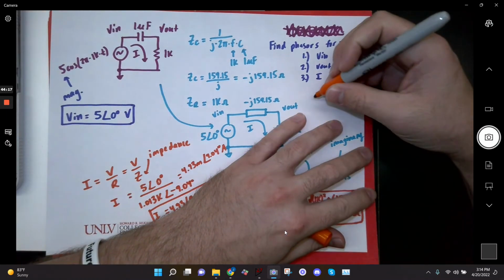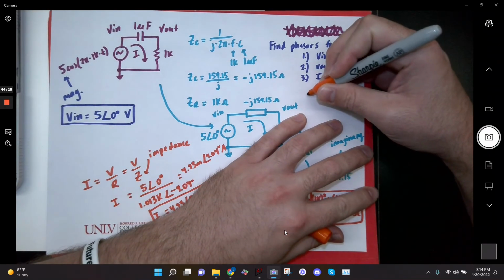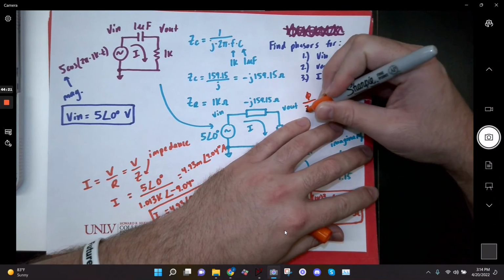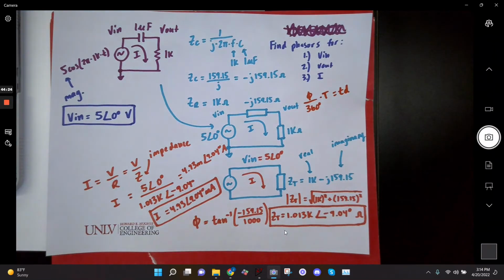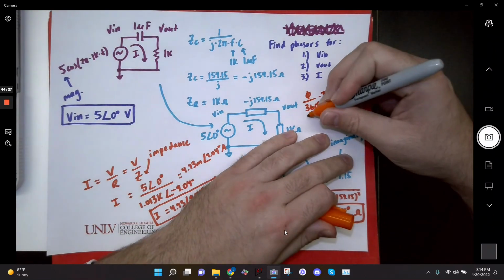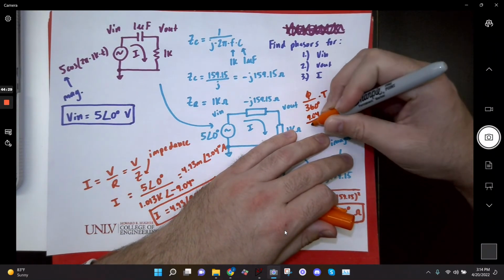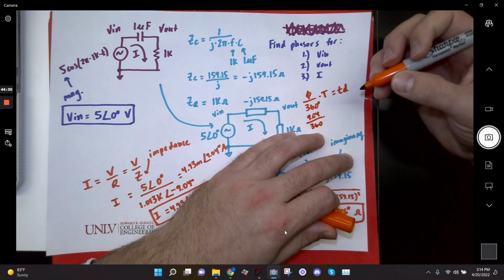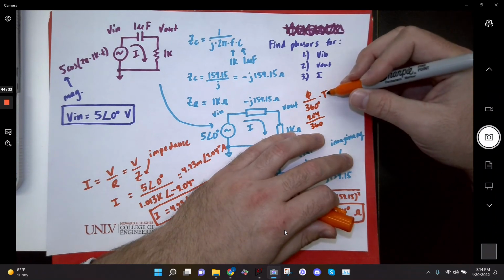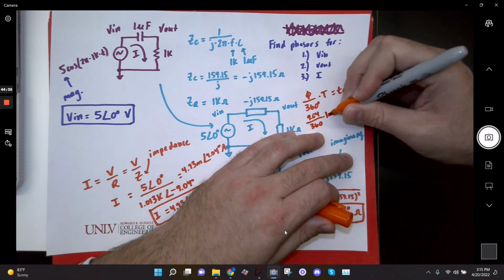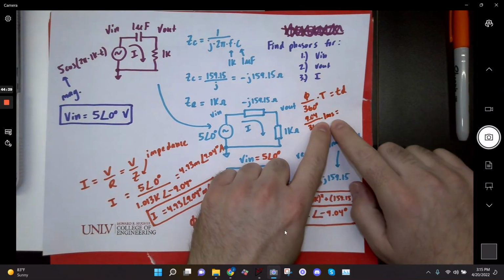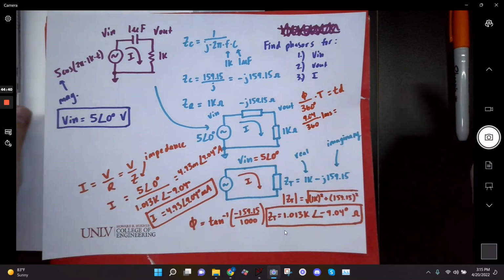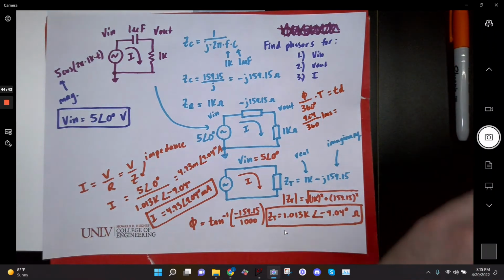All right, so basically we take phase, we divide it by 360, and we multiply by the period to get my time delay. So in this case it's going to be 9.04 over 360. My period for a 1 kilohertz is 1 millisecond. So what you notice is I'm just multiplying by a fraction of a millisecond to figure out what fraction of the period I'm off by.